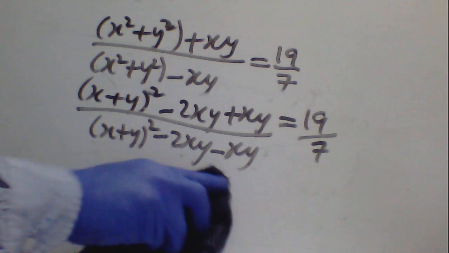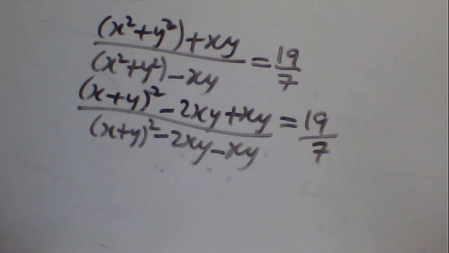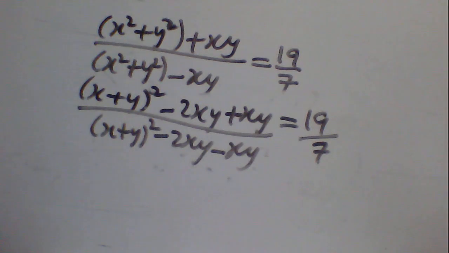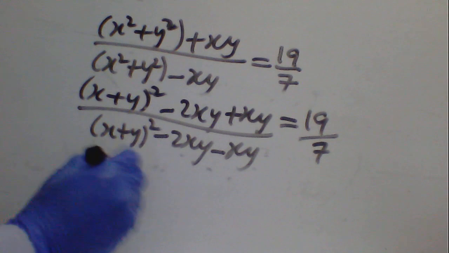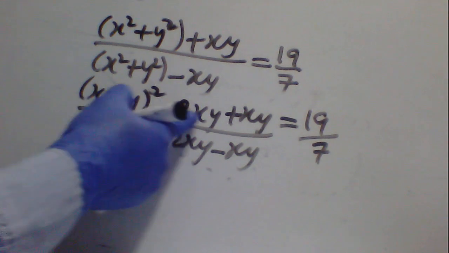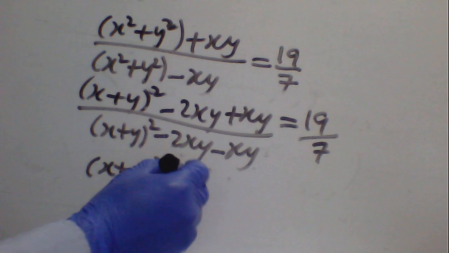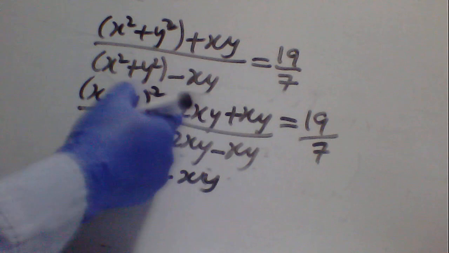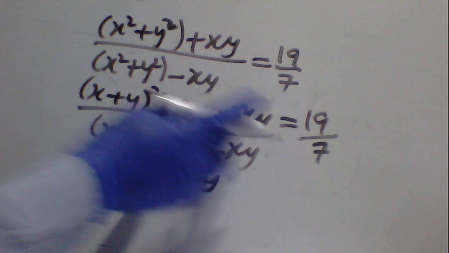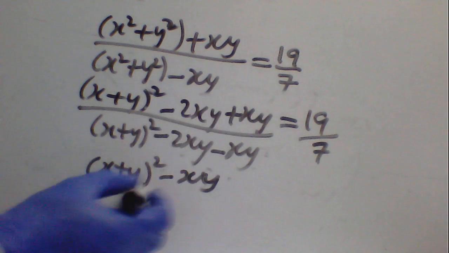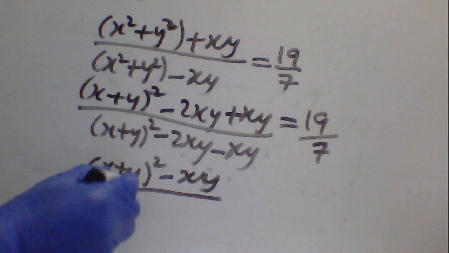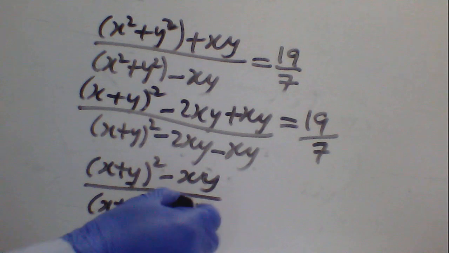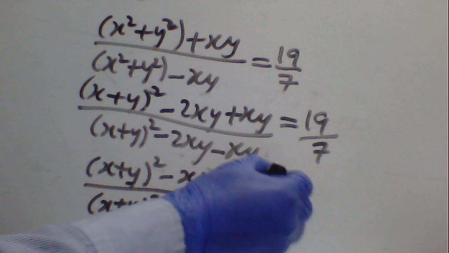When you arrive at this point, simplify it. Just subtract the coefficients, since the variables are the same. That gives us ((s + y)^2 - sy)/((s + y)^2 - 3sy) = 19/7.